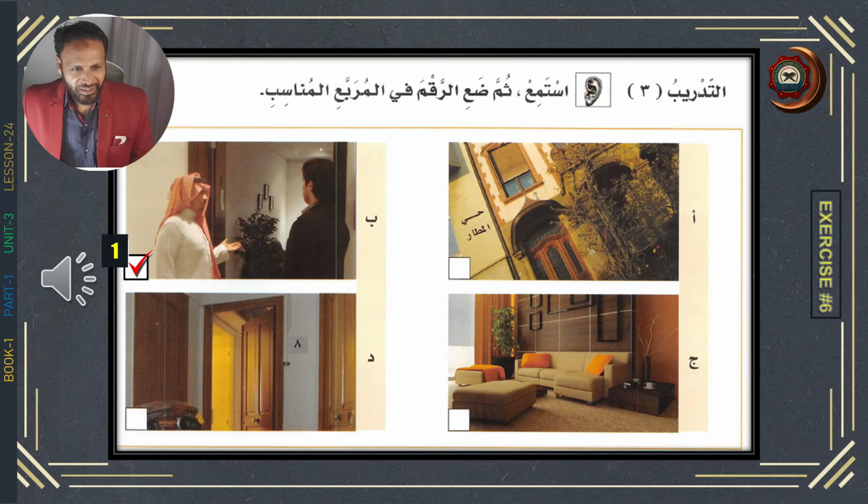Did you hear that? What did he say? المطار. أسكن في حي المطار. Askunu fi Hayyil Matar. The building name is written there, Hayyil Matar. هل تسكن في بيت؟ لا، أسكن في شقة. So that is Hamza.